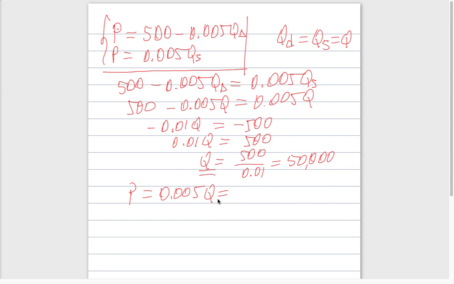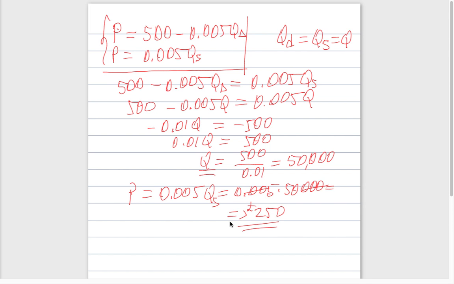Plug this quantity into the supply function, Q sub S. Three zeros cancel out with this multiplication, and 5 times 50 is 250. So this is the equilibrium price.